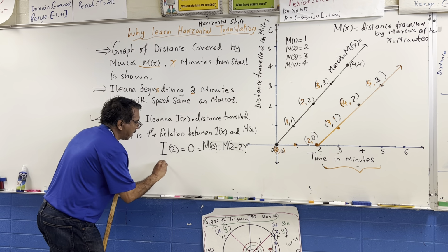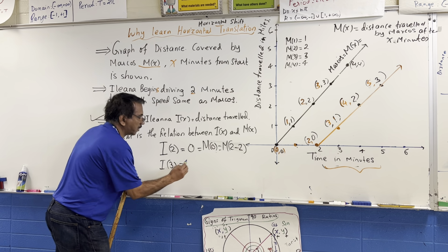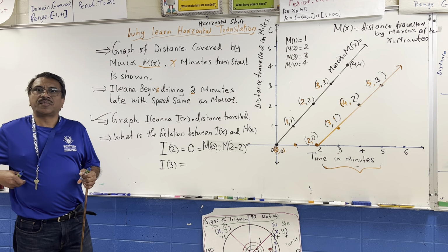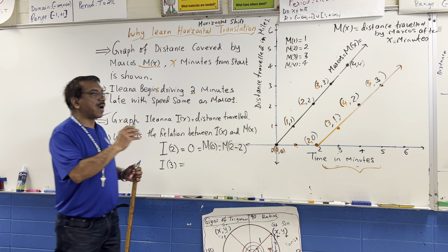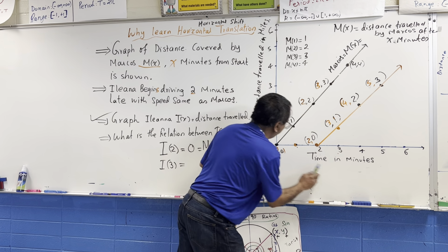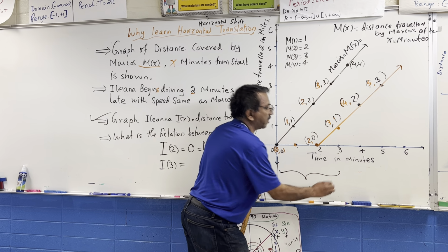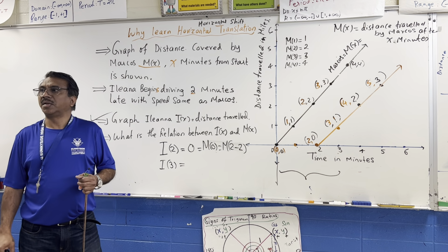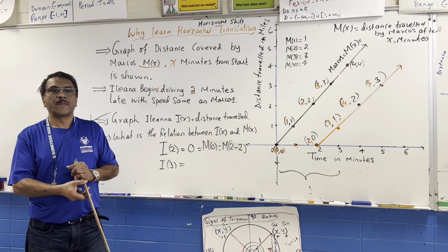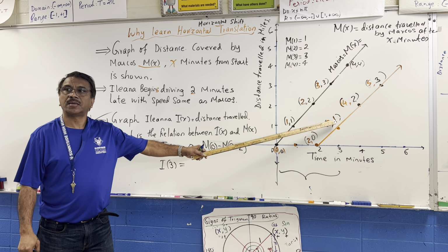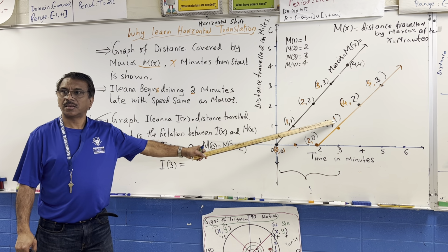If I write I of 3, what is the distance covered by ELianna after 3 minutes? Now when I say after 3 minutes, it means everything begins from 0. So can somebody tell me what the distance covered by ELianna in 3 minutes is? What is the output here? 1, correct?